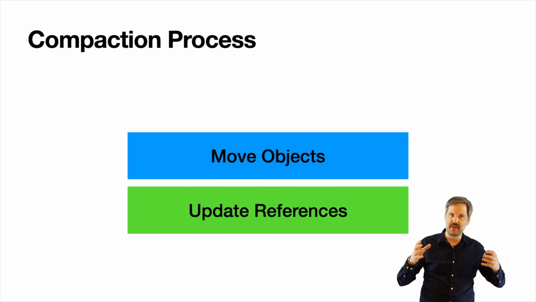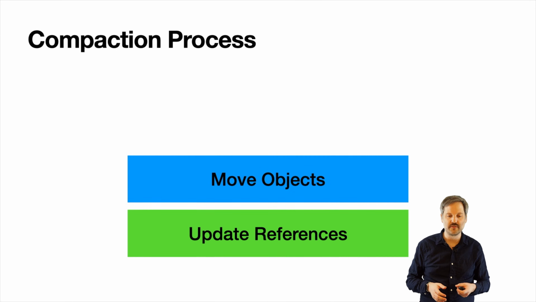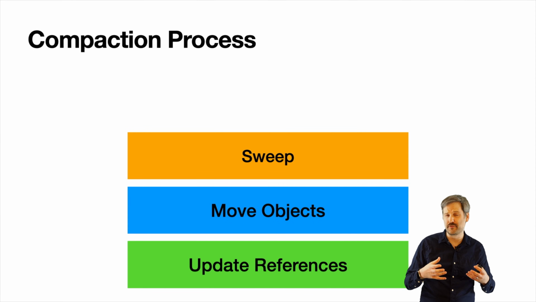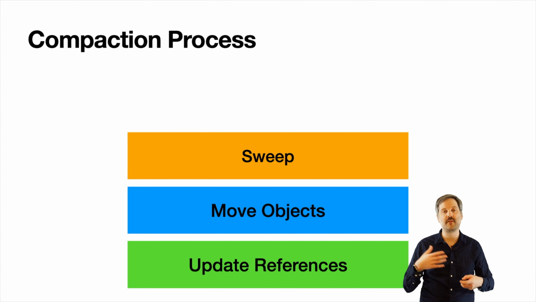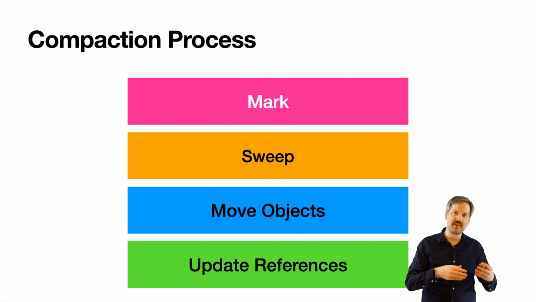So we have to clear out any slots so that we can move objects into those cleared slots. This means that we have to run the sweep phase before we can run the compaction phase. And of course, if we want to run the sweep phase, that means we have to run the mark phase. So we have to do all these steps in a very specific order.